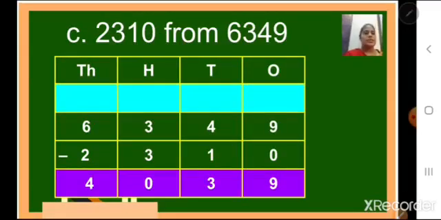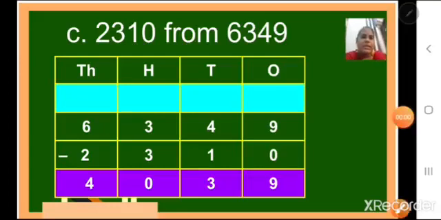The C question is 2310 from 6349. Children, here you can see there is no borrowing required. Let us subtract, children, from ones place. 9 minus 0 is 9.